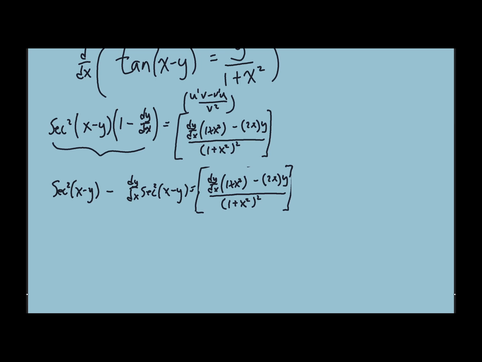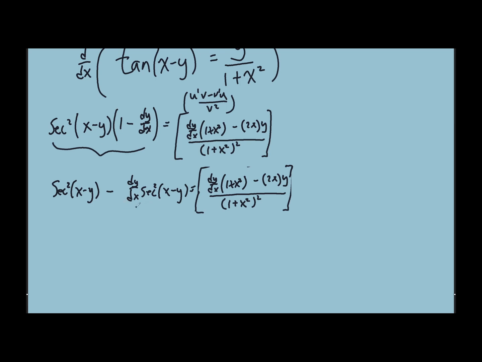So to get the dy dx, we're going to have to bring this up, this 1 plus x squared. When we do that, that's going to multiply up onto this. How do we isolate this? I think we need to bring the dy dx's over.